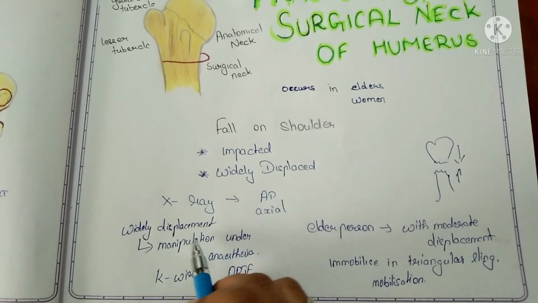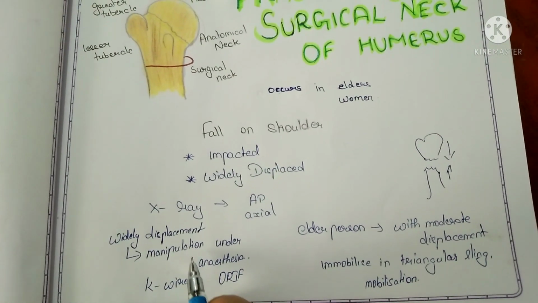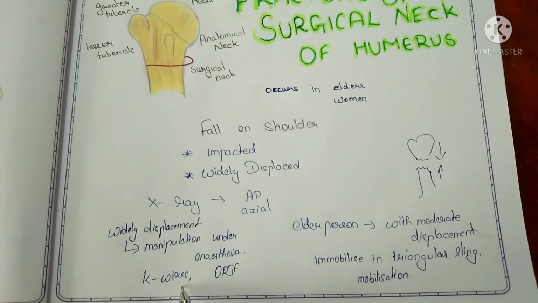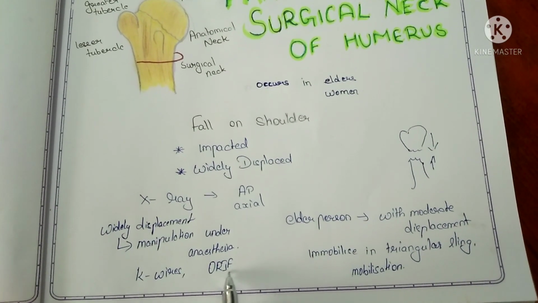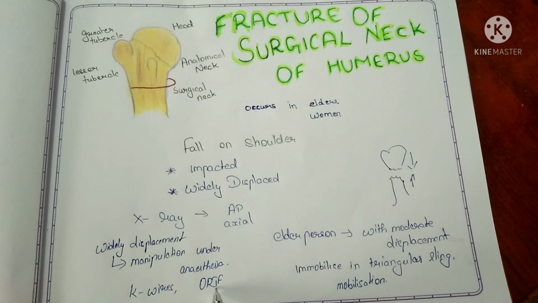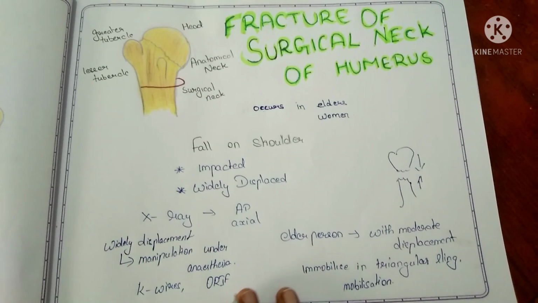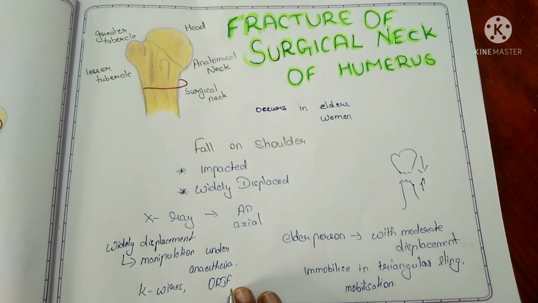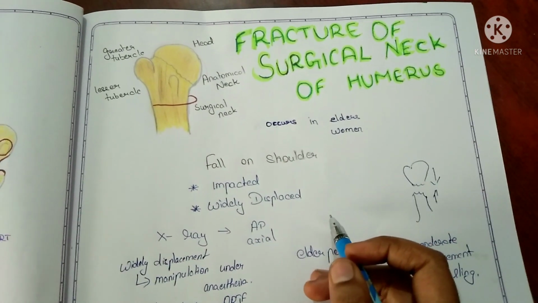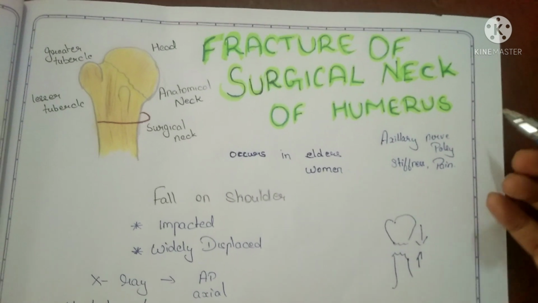And in young people who have wide displacement, manipulation is done under anesthesia, and the joint is stabilized using K wires and the open reduction and internal fixation method. In case of a comminuted fracture, that is the fracture which causes the bone to break into more fragments, arthroplasty may be required, replacement arthroplasty. This is about the treatment.